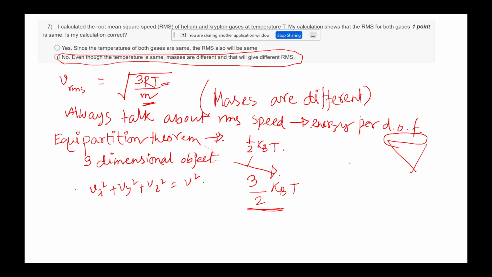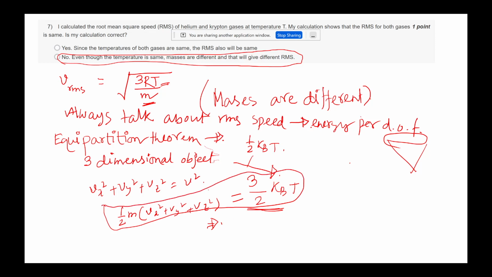So half m times Vx square plus Vy square plus Vz square equals 3/2 kBT. Substituting, we get V square average equal to 3 kBT by m, because RMS is responsible for the kinetic energy.